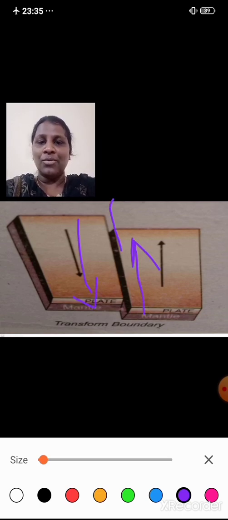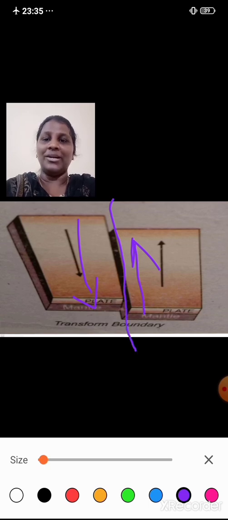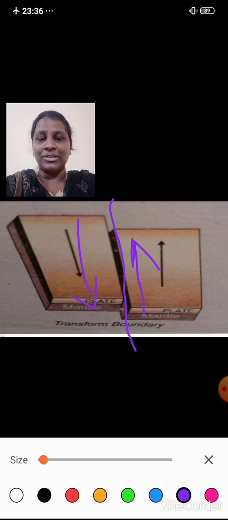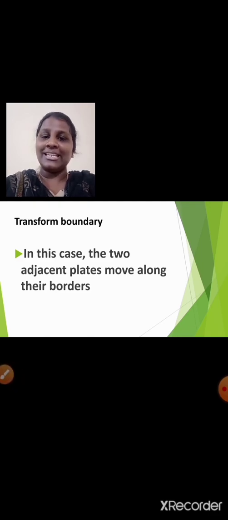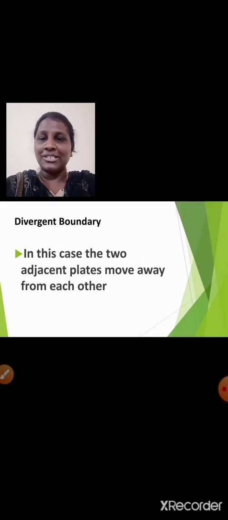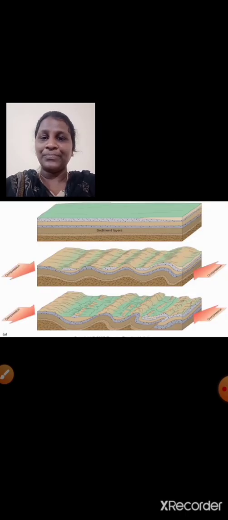They move along the border. I hope I am clear, students. Once again, transform boundary: in this case, the two adjacent plates move along their borders. Once again, I want you all to revise these because it's very important, students.